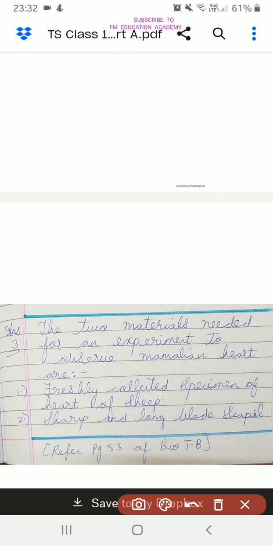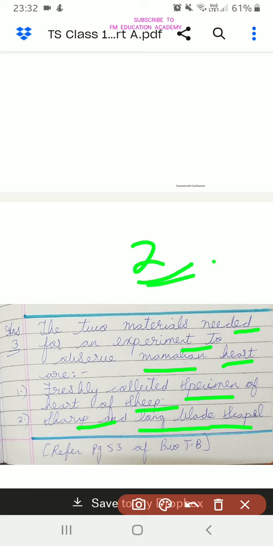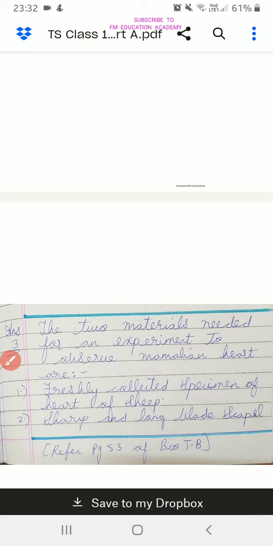So the two materials needed for an experiment to observe mammalian heart are freshly collected specimen of heart of sheep and sharp and long blade scalpel. There are also some other materials which you might have written, which are there in the textbook. If you have written those, then you'll get the full marks, 2 out of 2, for this answer. You can refer to page number 53 of the Biology TS SCERT textbook if you want to see more answers.